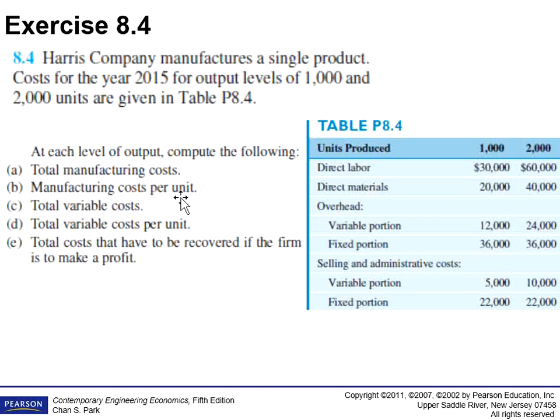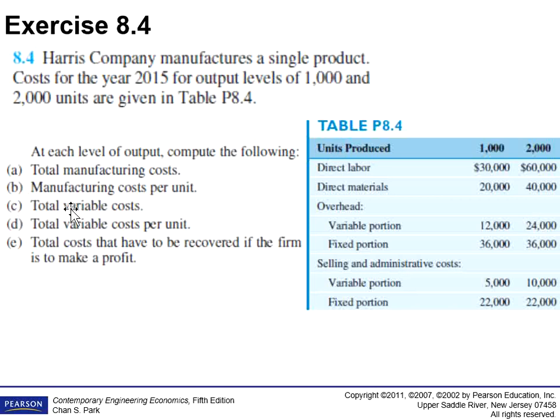Manufacturing cost for one unit: add these costs only up to here, because this is not manufacturing. Remember, this is a period cost. Now add all these costs, divide by 1000 or divide by 2000, and you'll get some numbers. Also, what do you think per unit cost at this level and this level? Will it be the same or different? What is your answer? Let's see later on.